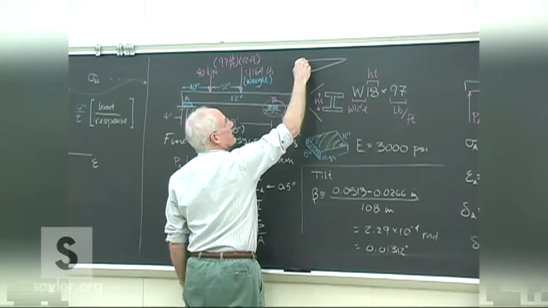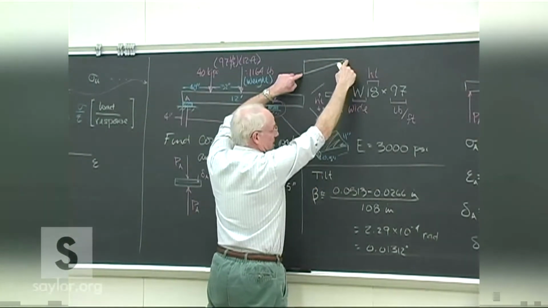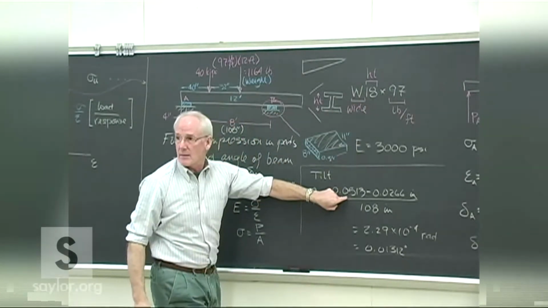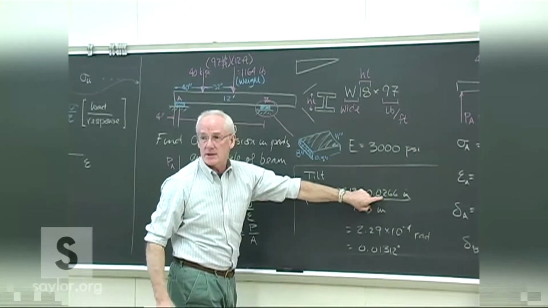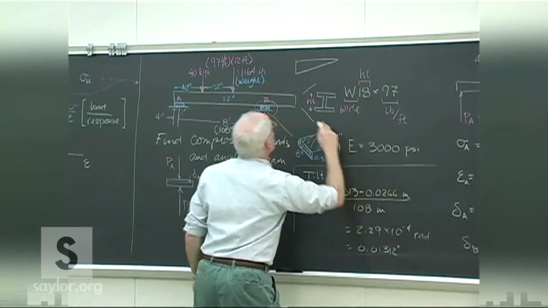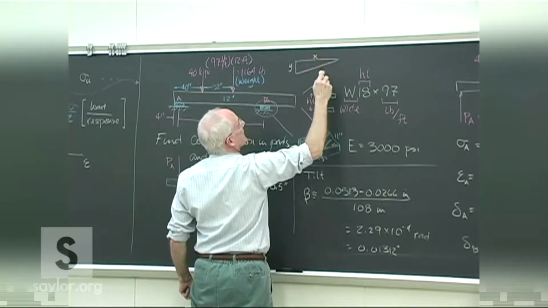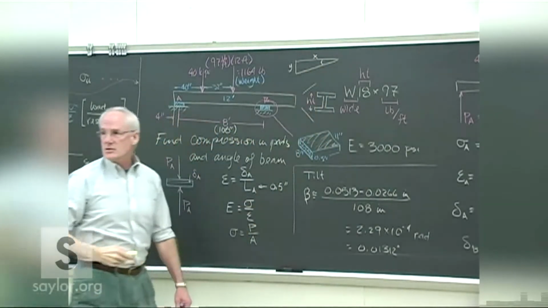So it's that distance, the difference between the two ends, because one end went down that much, the other one went that much. So that's this upper number here, and then the original length there, and so that's the tangent of that angle.